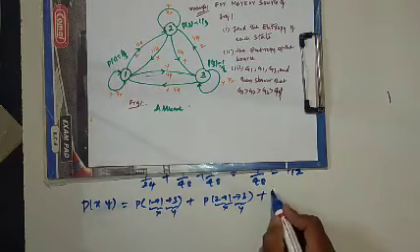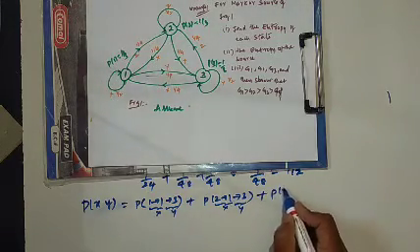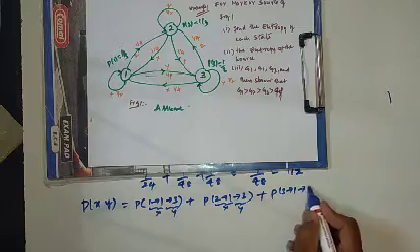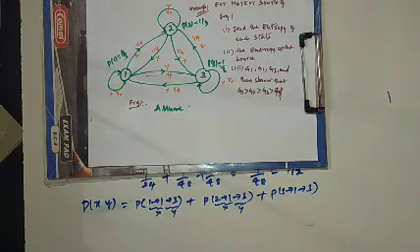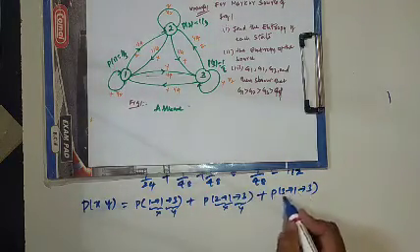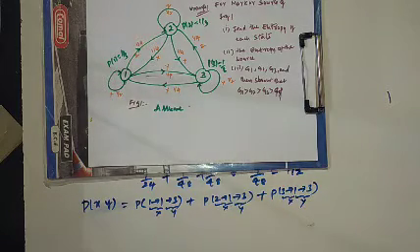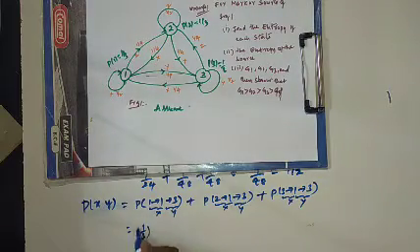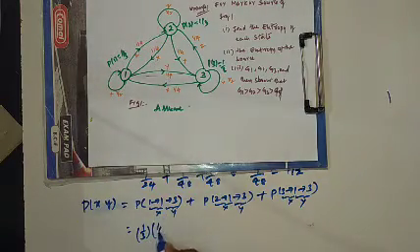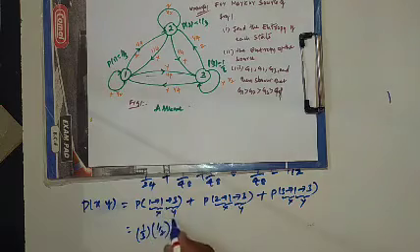Plus the probability of 3 to 1 and then 1 to 3. 3 to 1 is x and 1 to 3 is y. So first, the probability of 1 is 1 by 3. For transition 1 to 1 it is 1 by 2. For transition 1 to 3 it is 1 by 4.